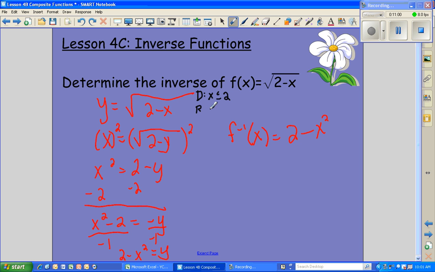And the range is y is greater than or equal to 0, which means, switch those around, this is going to be the inverse only when x is greater than or equal to 0. And you need to include that in your answer, because if you don't, you're going to lose partial credit.